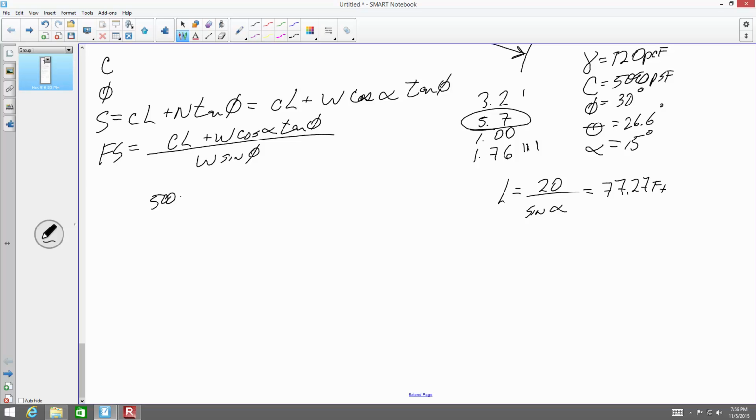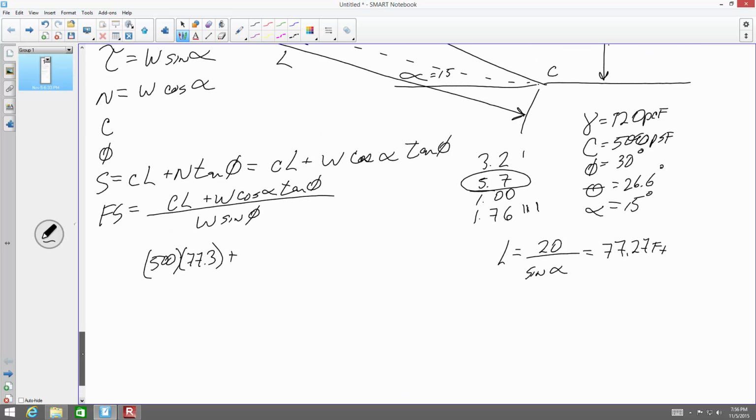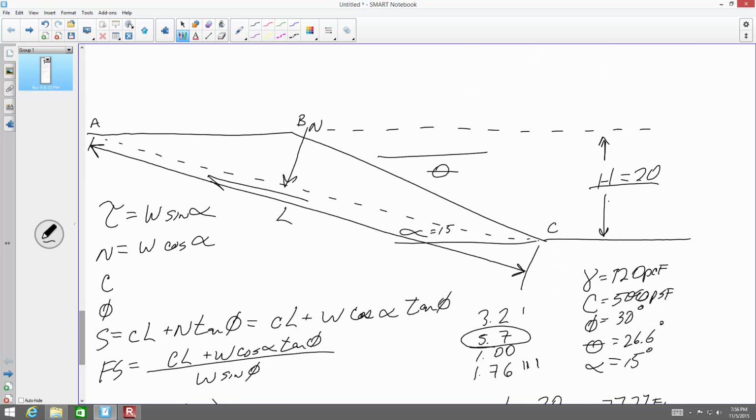So you've got the 500 times the 77.3 plus the weight. How do we get the weight? Unit weight times the area, with the volume per foot. So then you have to go back and do your math again to figure out what your area is.